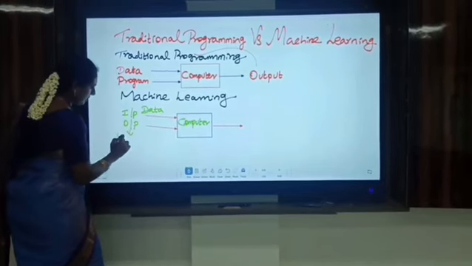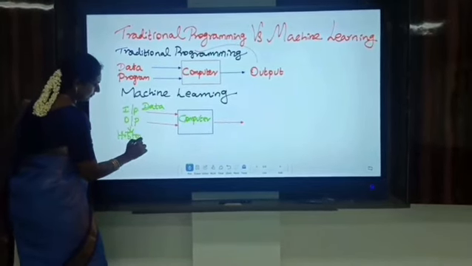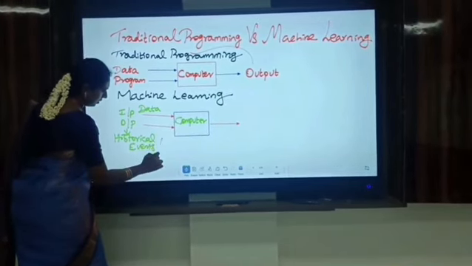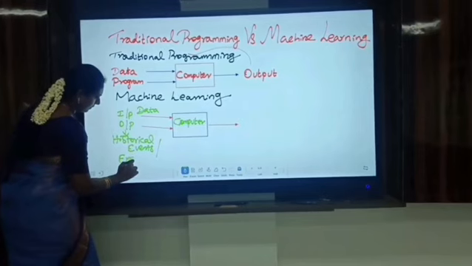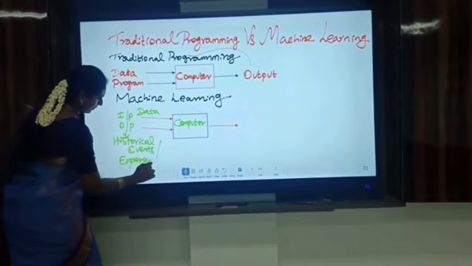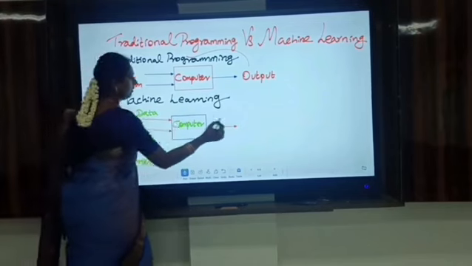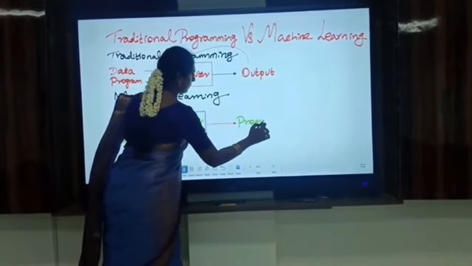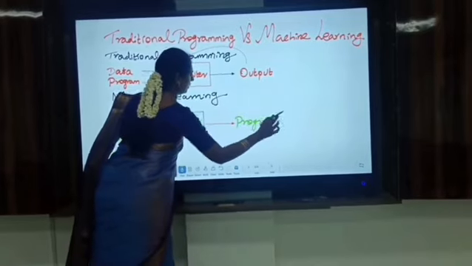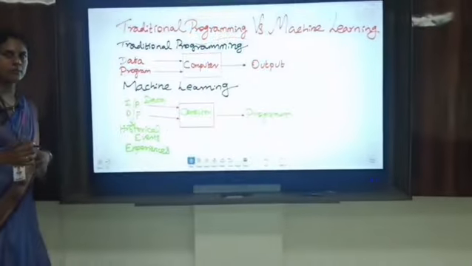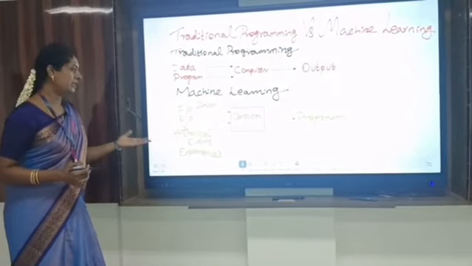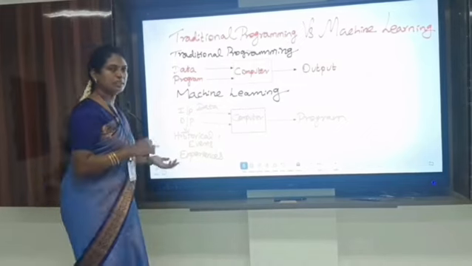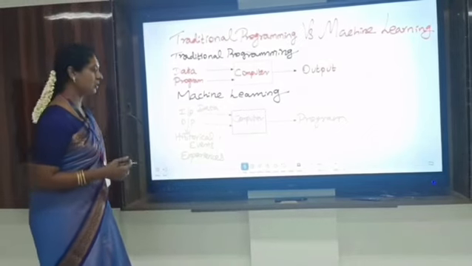Here the output is historical events or experiences. And finally the computer will generate a program. Machines will learn automatically from the data or through the historical events and predict the output based on the past experiences. This is about machine learning.